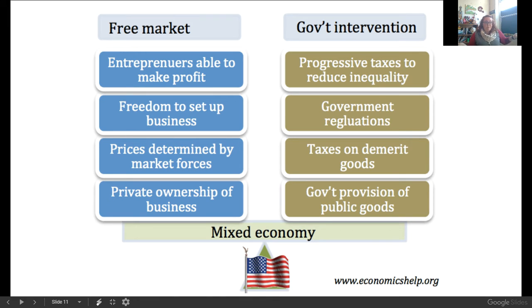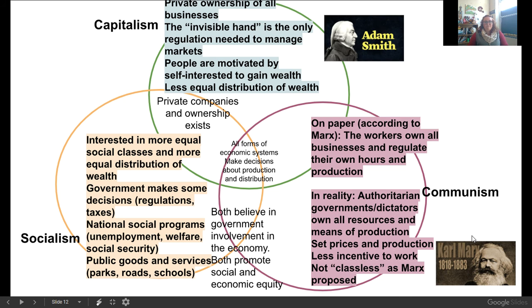Prices are still determined by the market force, but there are taxes on goods. And then you have private ownership, still allowed in a mixed economy, but again, in the bounds of what the government is producing. So we talked about capitalism, socialism, and communism just a little bit. So we know that capitalism allows for private ownership.